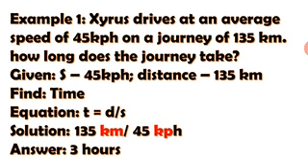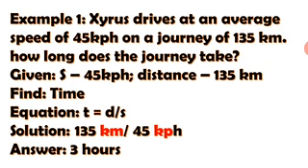So for example, Cyrus drives at an average speed of 45 kilometers per hour on a journey of 135 kilometers. How long does the journey take? So as you can see, this 45 kilometers per hour is the speed and 135 kilometers is the distance.